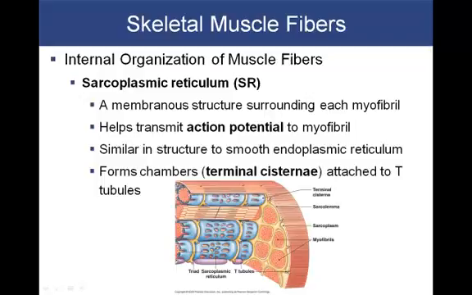As we look at the overall structure of the sarcoplasmic reticulum, and again, it's all of the blue in this figure out of your text, we have these sac-like pouches, and as we notice, the sarcoplasmic reticulum kind of expands into very small pouch-like structures closely associated with the T-tubules. And we'll talk about the importance of that a little bit later, but these chambers are known as terminal cisterna.